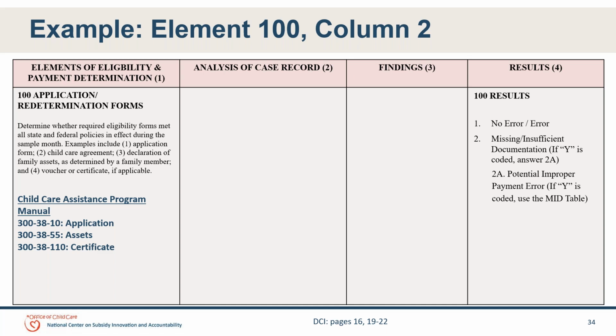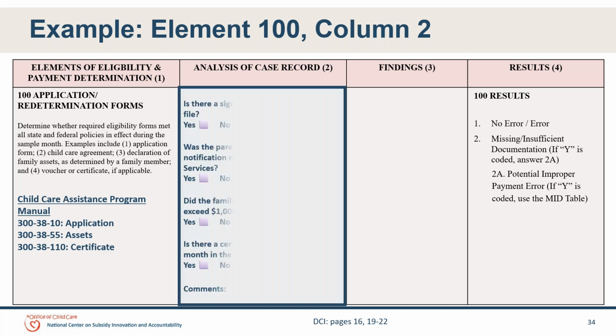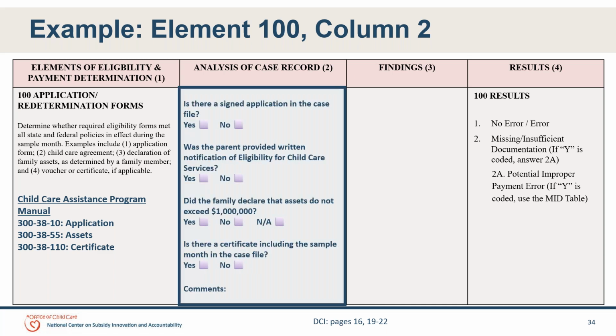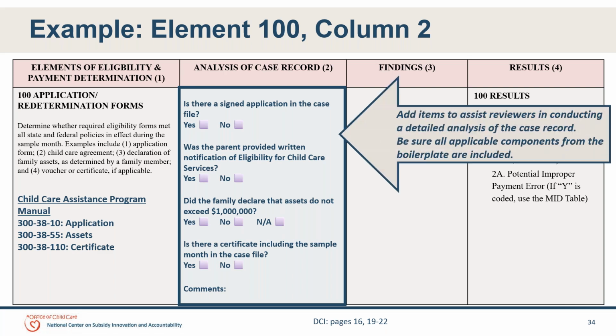All right, we're going to stick with element 100 and move to the next part of customizing, which will be column 2. Again, here you'd add items to help reviewers conduct a detailed analysis of the case record. Like in column 1, be sure that everything from the element's boilerplate that is applicable to your state is addressed here.